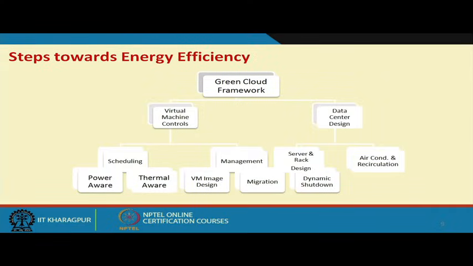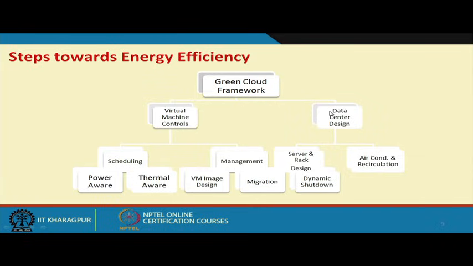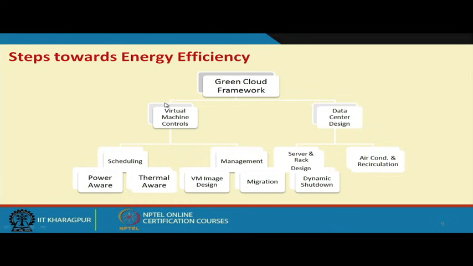If you look at this overall green cloud framework, one side is VM controls, how VM scheduling and management are done, and the other side is data center design. This is more on the compute side, and this is more on the data center infrastructure side, the hard infrastructure component. In VM controls, one part is scheduling the VM, which can be power aware or thermal aware.